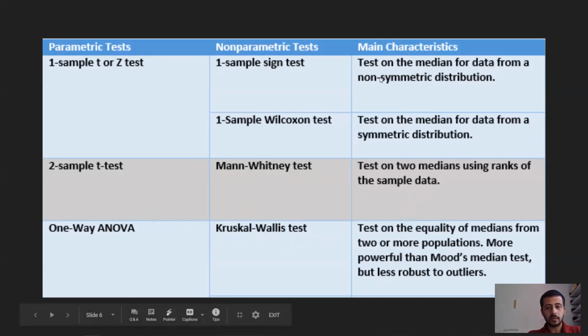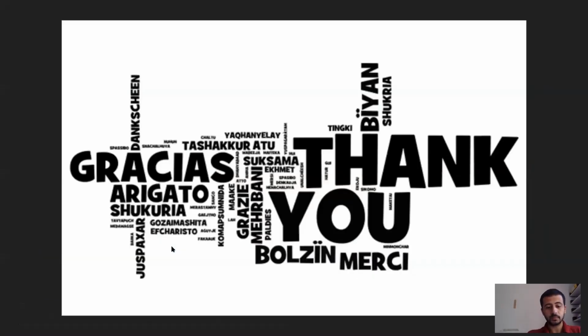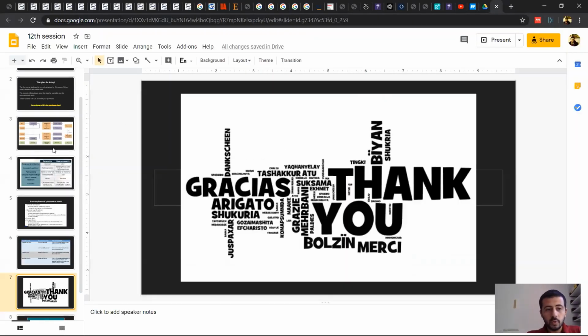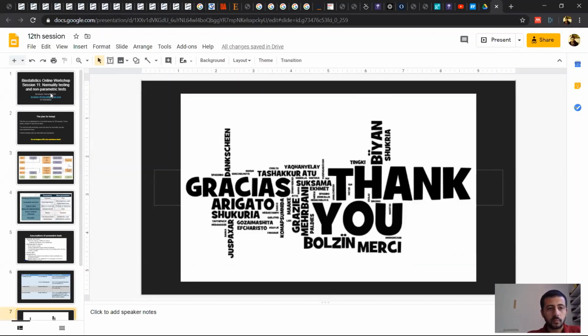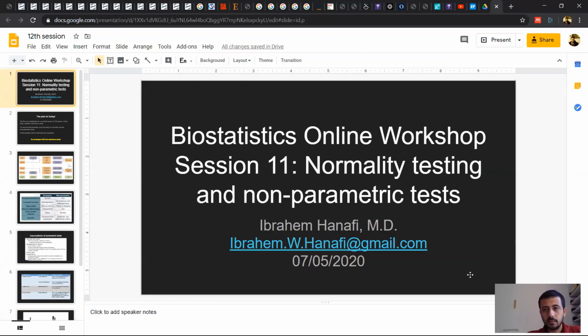Those are not so important because we revised them before. But remember, the non-parametric tests work on the median. The parametric tests usually use the mean, as you remember from last session. Okay, so we will move to the other computer where the SPSS is, but I want to ask you if you have any questions before we move on.